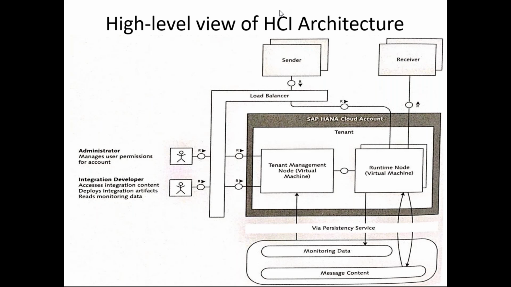But when it comes to the receiver, the request goes from the CPI, so there is no need to check whether it is correct or not, because it is a dedicated communication from CPI to the receiver. Therefore, the load balancer is required to check incoming requests, not outgoing requests, right? That is why a load balancer is available between the sender and the CPI tenant.